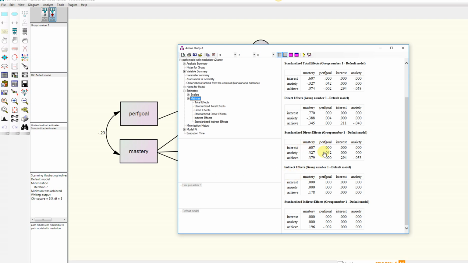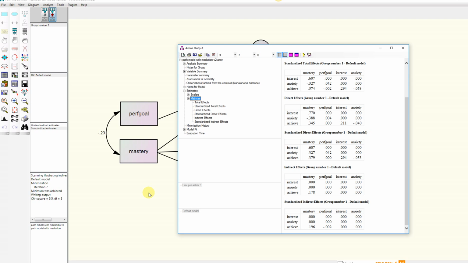Right now, if you just look at the values that are printed out in the table, all you're really able to do is to sort of identify the values, and then with the standardized total effects or the standardized indirect effects or the standardized direct effects for that matter, you can make comparative judgments about these effects at this level. But if you want to determine statistical significance with respect to one of these effects, then you can do this through the use of bootstrapping in AMOS.